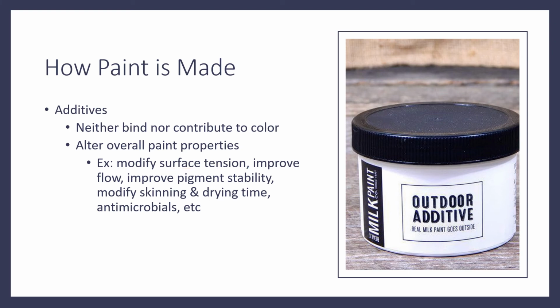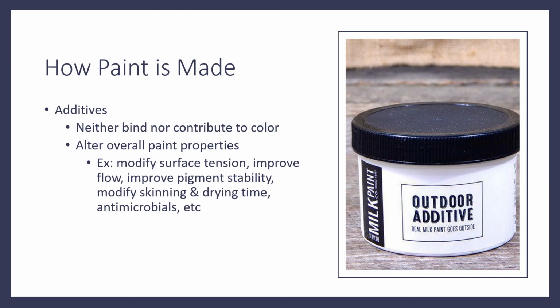Some pigments are quite temperamental and will become less vibrant or change in hue slightly when exposed to certain other chemicals or elements, so additives can prevent the pigment from doing that. There are also additives to modify skinning and drying time so that you don't get that skin over the top of an open can of paint. You can put additives in to make it dry faster or slower.